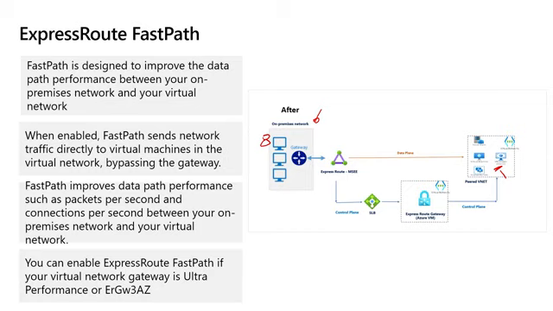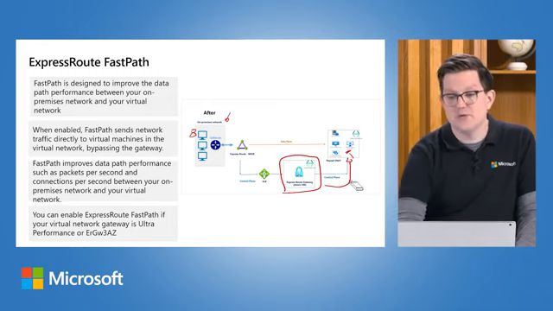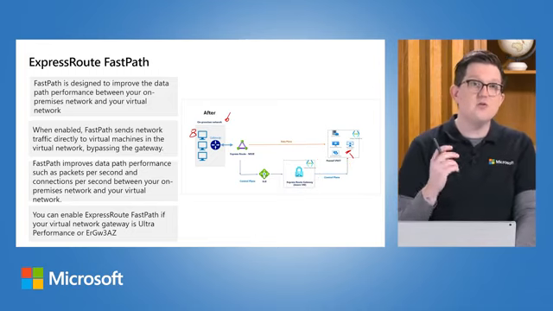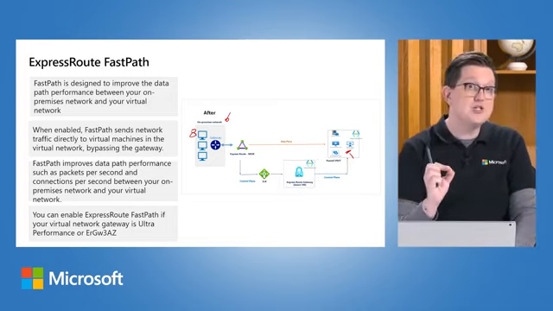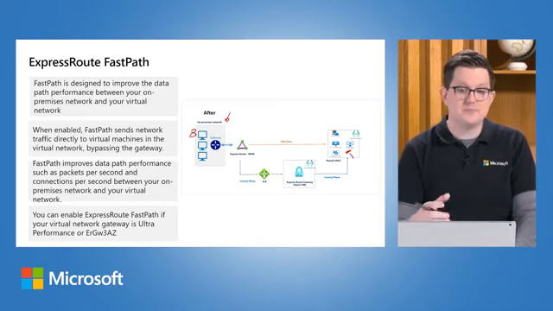Typically speaking, the way that this connection would function would be to go across the ExpressRoute. It'll hit the gateway itself, and then it will redirect in. This is a control plane route. What FastPath supports is the ability to use this control plane purely for initial establishment of the connection.